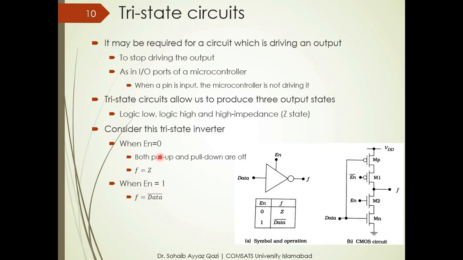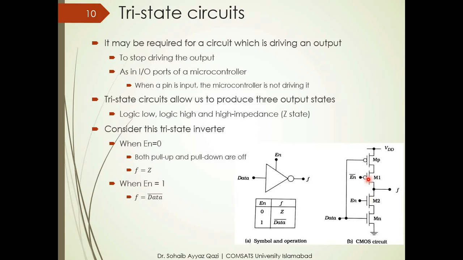There will be different conditions. In condition 1, when the enable signal is 0, it means that this circuit is open and this is the inverted input. It means that this is 1. If this is 1, this output is also 1.